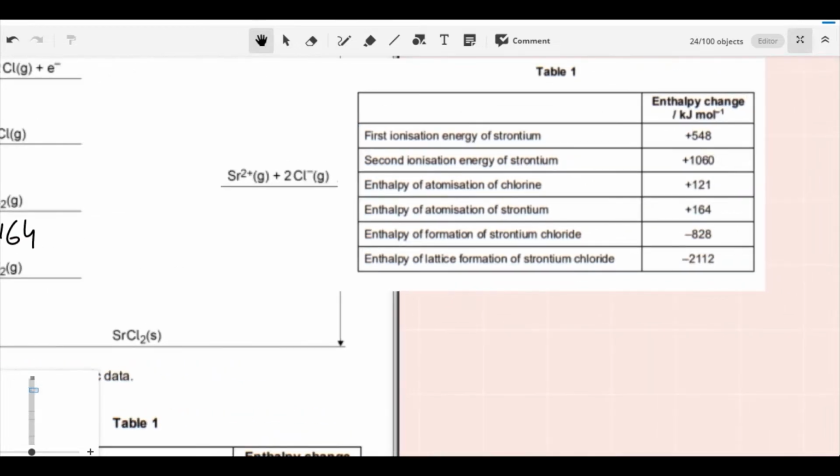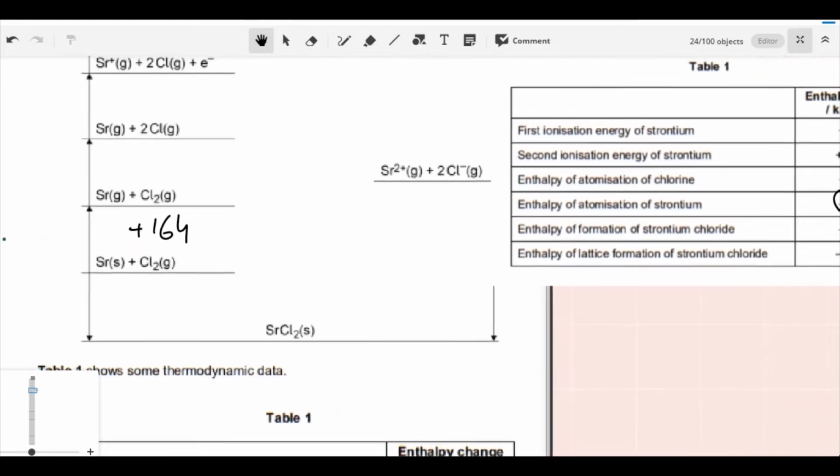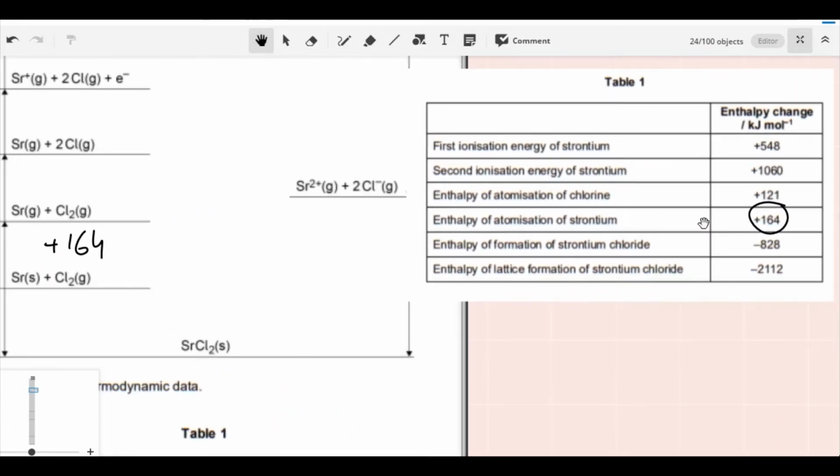Then the second one: Cl2, which is present in gaseous form, is converted into 2Cl. The chlorine molecule is converted into atomic form. So the enthalpy of atomization of chlorine is 121, and I am going to write plus 121.